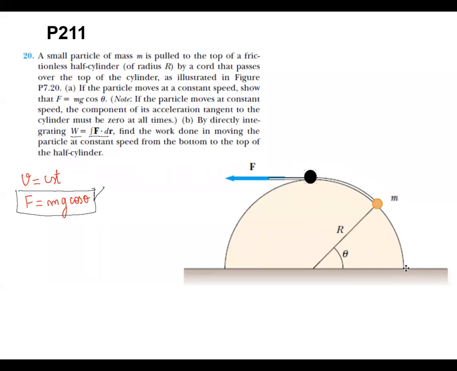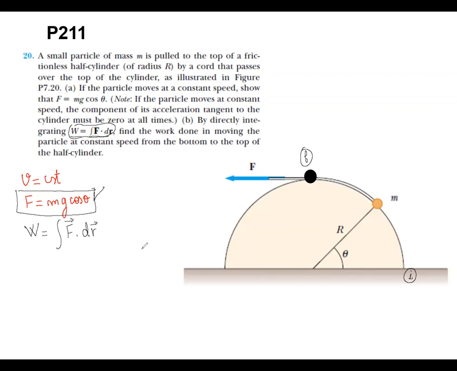Here we have the initial position, and here we have the final position, and by applying work equals integral of F dr, we have to use this relation. We have to find the work of F applied on the object.